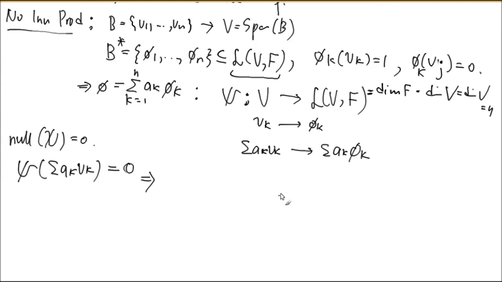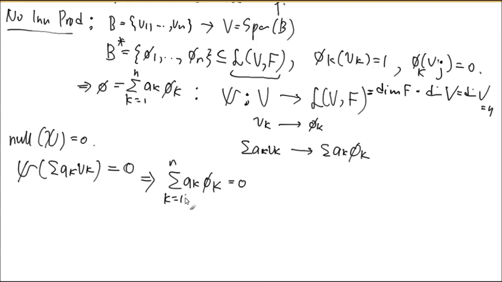By definition, the sum of ak Vk goes to the sum of ak phi k, and that is 0. That's what the null space is about: a vector that is sent to a linear transformation which is the zero linear transformation.